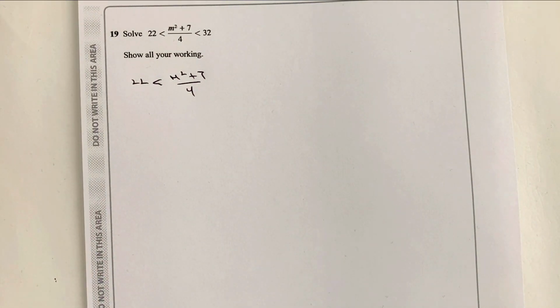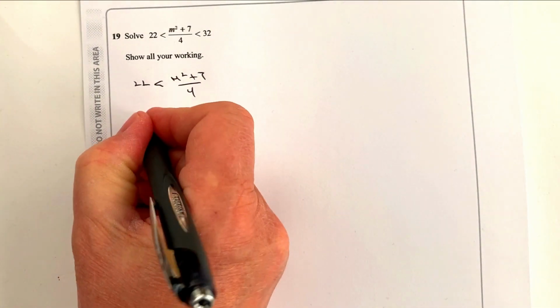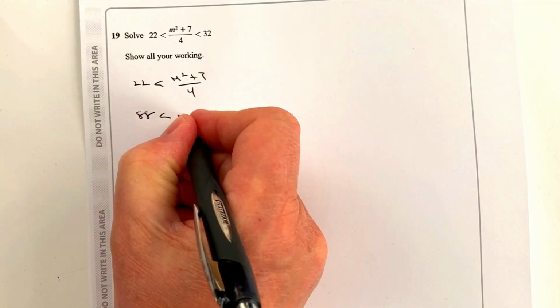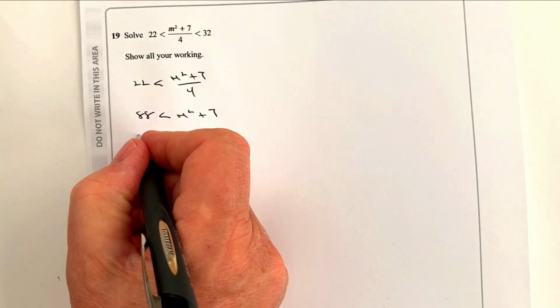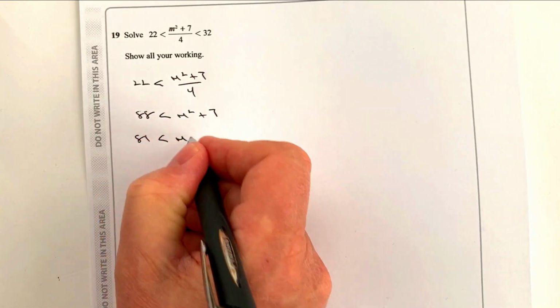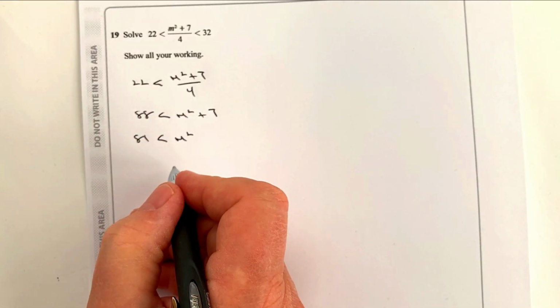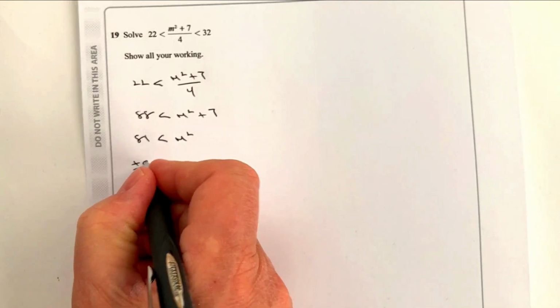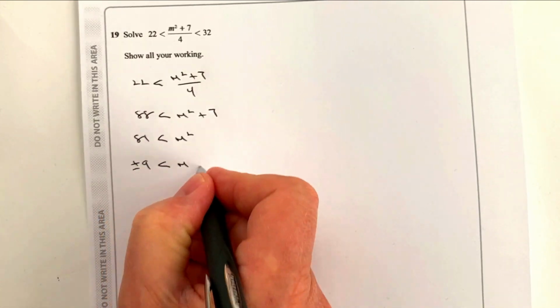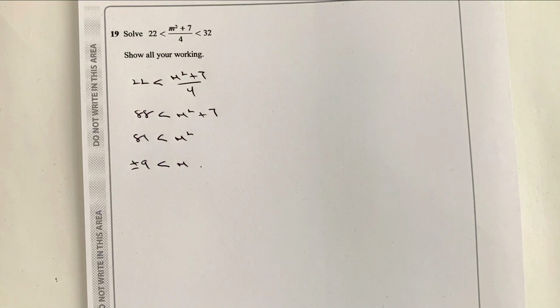So I'm going to multiply both sides through by 4. If I do that, I get 88 is less than m squared plus 7. I'm going to minus 7 from both sides, so I've got 81 is less than m squared. If I square root it, I've got plus or minus 9 is less than m. And that's absolutely fine for this one.